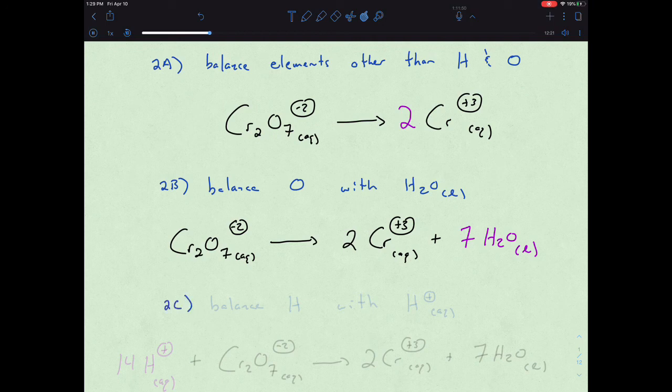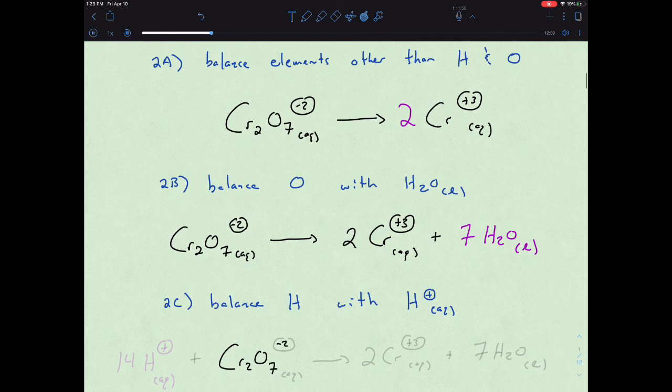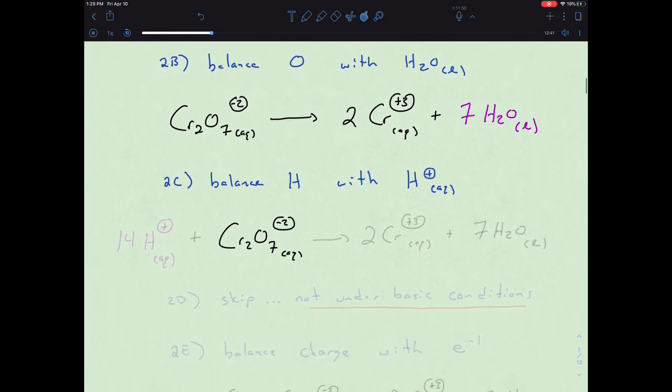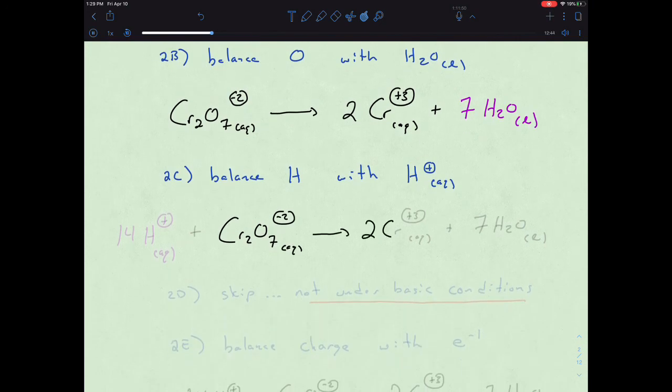2C, now we balance hydrogen with protons, or with H+. So if we look at our reaction now, again we have the dichromate producing the 2 chromium ions that are plus 3.